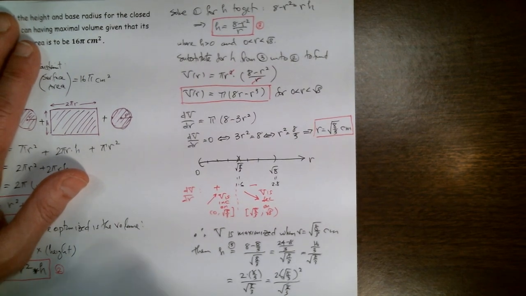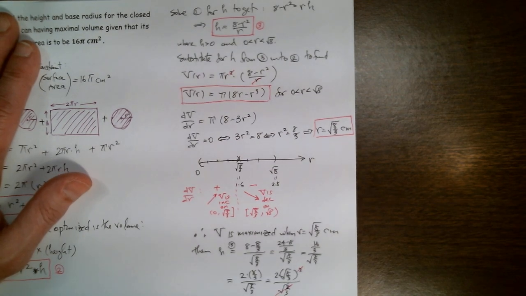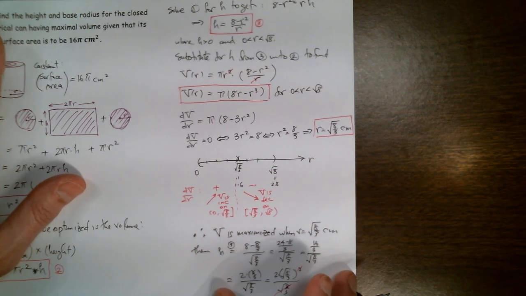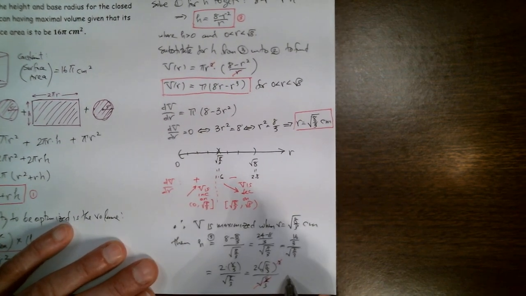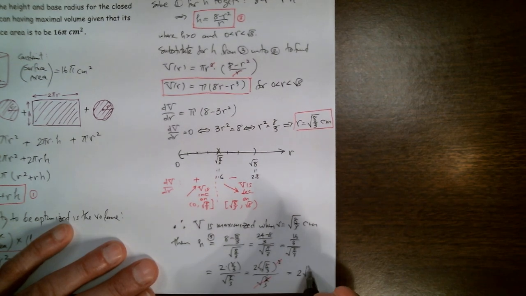Thus, we could cancel a factor of radical 8/3, and we see that the height of our optimal cylindrical can has height equal to simply 2 times the square root of 8/3 centimeters.